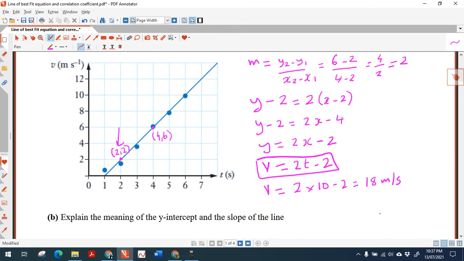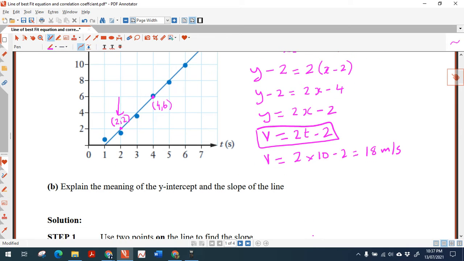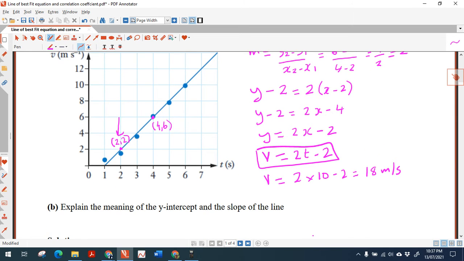Okay, that's all good. Now we've got to explain the meaning of the y-intercept and the slope of the line. So the y-intercept would be -2, wouldn't it? And the y-intercept corresponds to when t equals 0. So if I look at this part here, t equals 0, and that means v will equal -2.